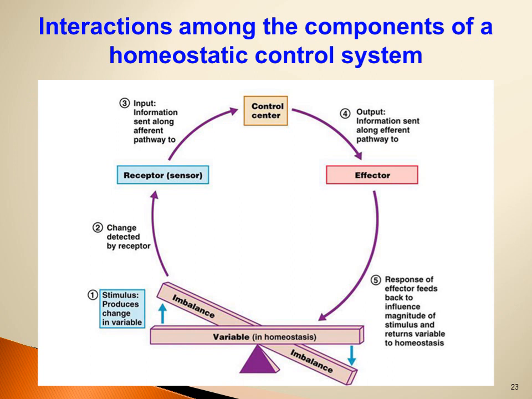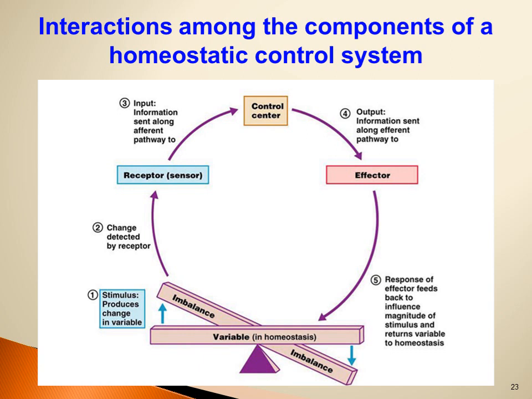Here we can see in this figure the interactions among the components of a homeostatic control system. First, the stimulus will produce a change in the variable, and this change in the variable will be detected by the receptor or sensor.